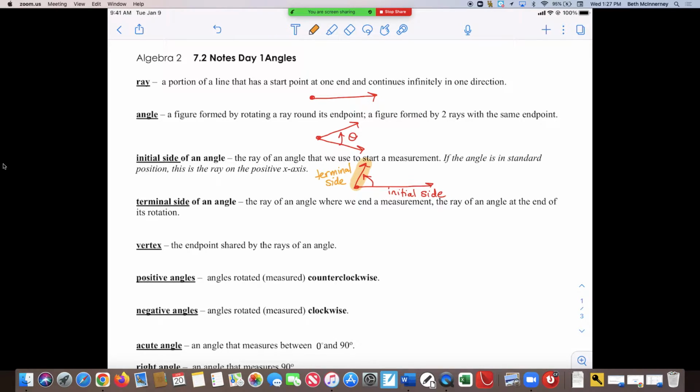An angle is considered to be in standard position if the initial side is the positive x-axis. Let me repeat that. An angle is in standard position if the initial side is the positive x-axis.